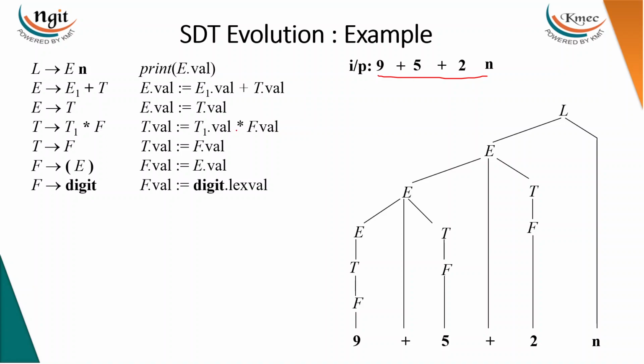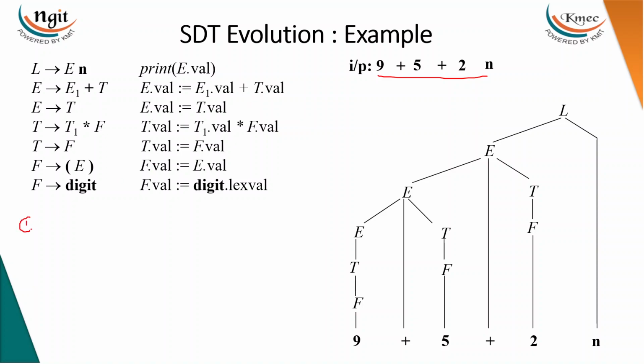To evaluate the action rules, we should follow some methods like SDT evaluation. We have so many, so later in this unit we'll discuss. But before that, if you are given an input and the SDT, I'll tell you in a simple way how to evaluate it.